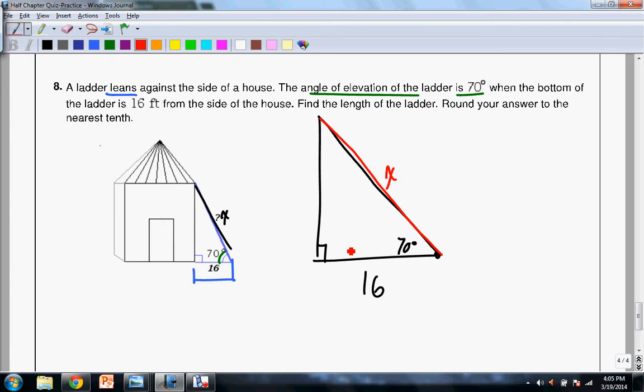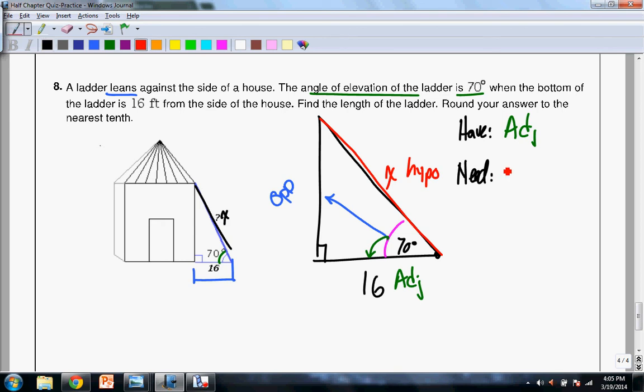This is a SOHCAHTOA problem. How do I know it? Because I have an angle and a side. So using this angle, we're going to label opposite, adjacent, and hypotenuse. This is your opposite. This is your adjacent. And of course, this is your hypotenuse. So you're going to do have, need, do. We have the adjacent.